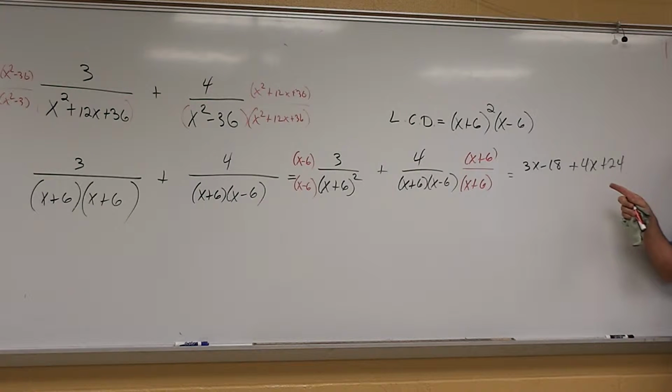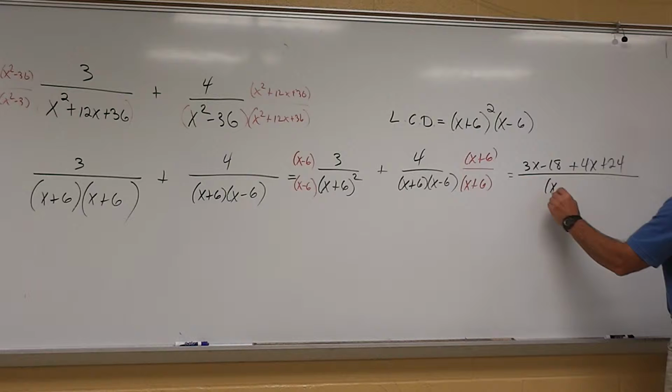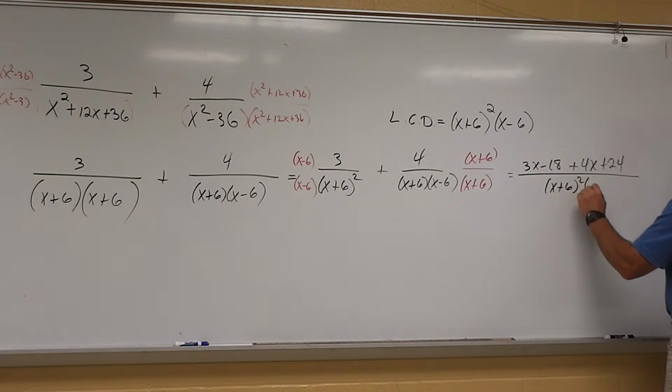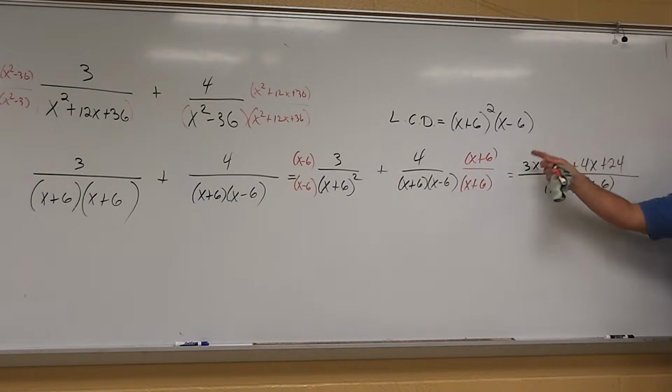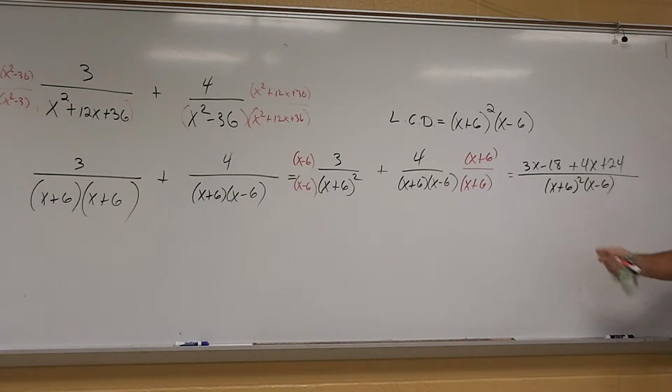Use your parentheses, you're a lot less likely to make that mistake. And then all this is going to be over my common denominator of x plus 6 squared times x minus 6. Because of course you remember when we add two fractions with the same denominator, you simply add the numerators and keep the same denominator. Stuff we've been doing since 4th grade.